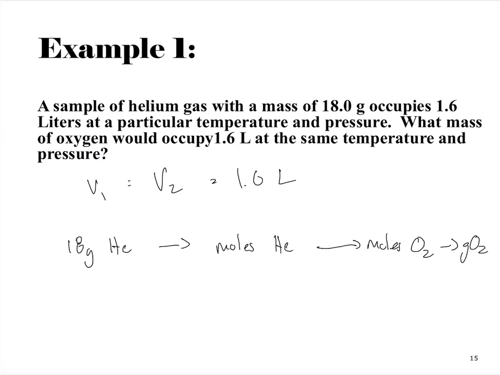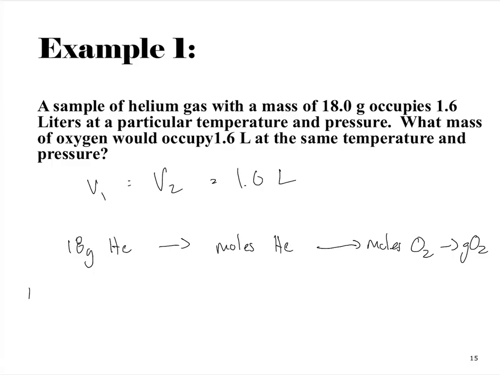Because we know we're still occupying the same space. If we were to change the volume, then we need to account for a new amount of moles, because the volume and the moles are directly related. But if we're occupying the same volume, it doesn't matter what gas we have there. All moles of gas are equal to each other, regardless of what element it is.